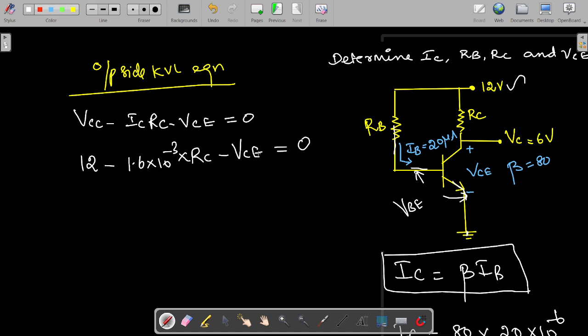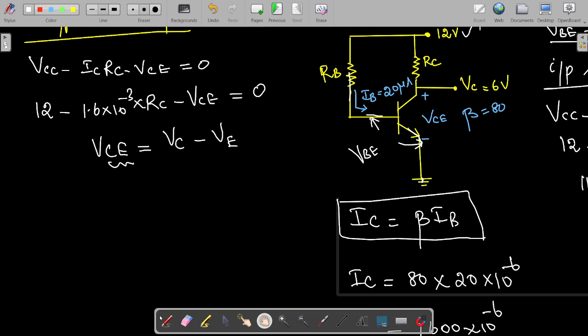And you should know the value of VCE, then only you can find out this RC value, isn't it? Because in this equation you have RC and VCE as unknown values. So we have to calculate this VCE to find out RC. So VCE is the voltage across the collector to emitter terminals. It is the double subscript here. It can be written using single subscript as VC minus VE.